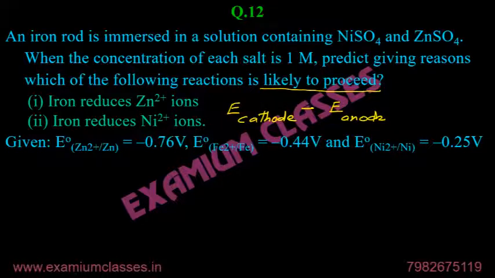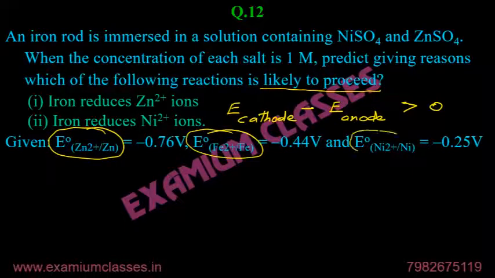This should be positive, meaning it should be greater than 0. Then the reaction will happen, otherwise not. And we have already been given electrode potentials.